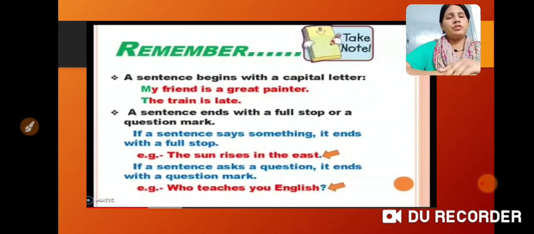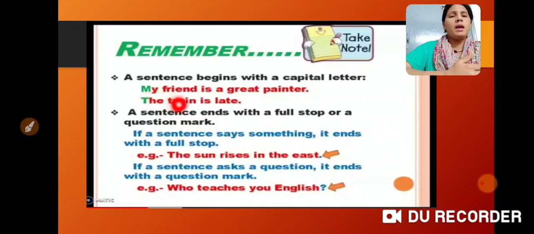Always remember, children, that a sentence always begins with a capital letter. Always keep in mind that any sentence begins with a capital letter. Always the first letter should be capital.